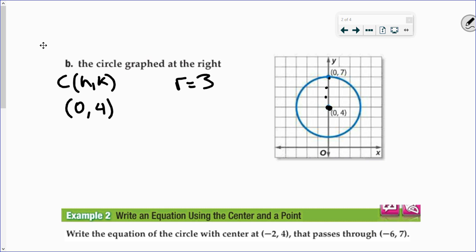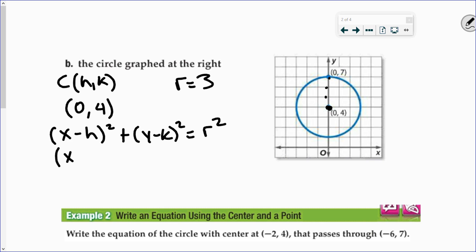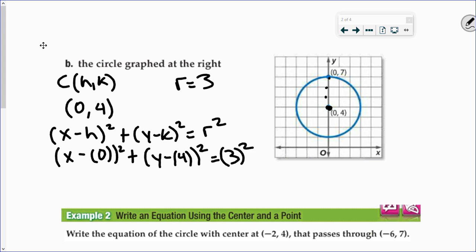All right. So now we should again use standard form, (x minus h) squared plus (y minus k) squared equals r squared. So substituting h and k, x minus h is the x coordinate of the center, so (x minus 0) squared, plus y minus the k value, that's the y coordinate of the center, (y minus 4) squared equals, substitute 3 for the radius, squared.